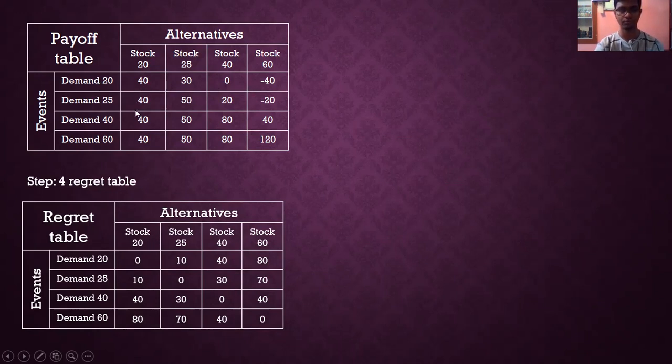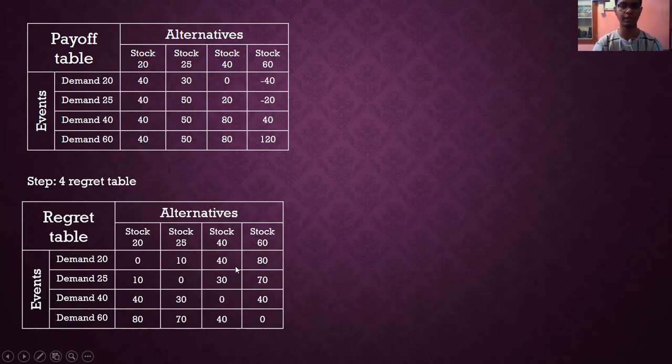That 40 we subtract from the whole row. So 40 minus 40, 40 minus 30, 40 minus 0, then 40 minus minus 40 becomes plus, so 40 plus 40. Like that, for each particular row we have to find it out. By subtracting with each row and each column, we are able to get the regret table values.